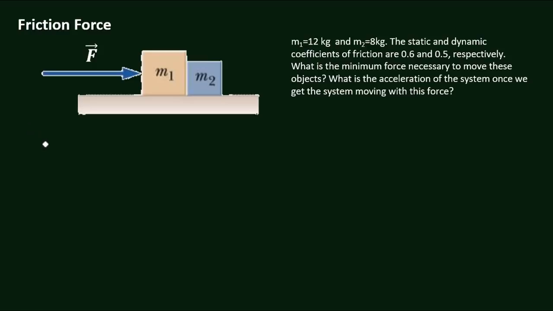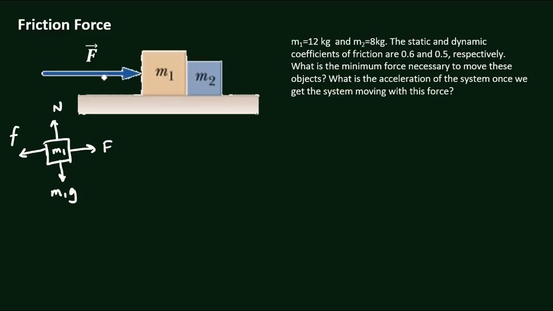So let's draw the free body diagrams on M1 and M2. This is M1. There is the gravitational force M1g acting on this one, and there is the normal force from the surface. F is acting on the object. There is the friction force.